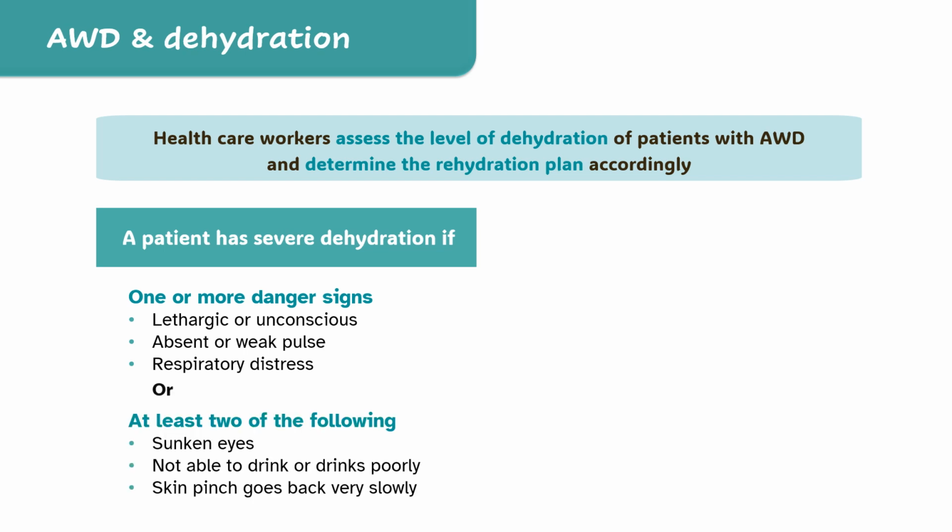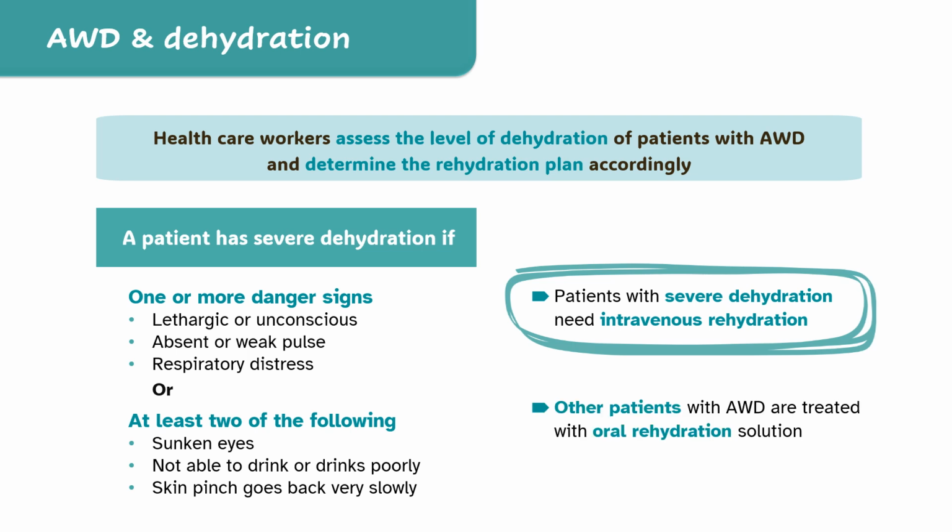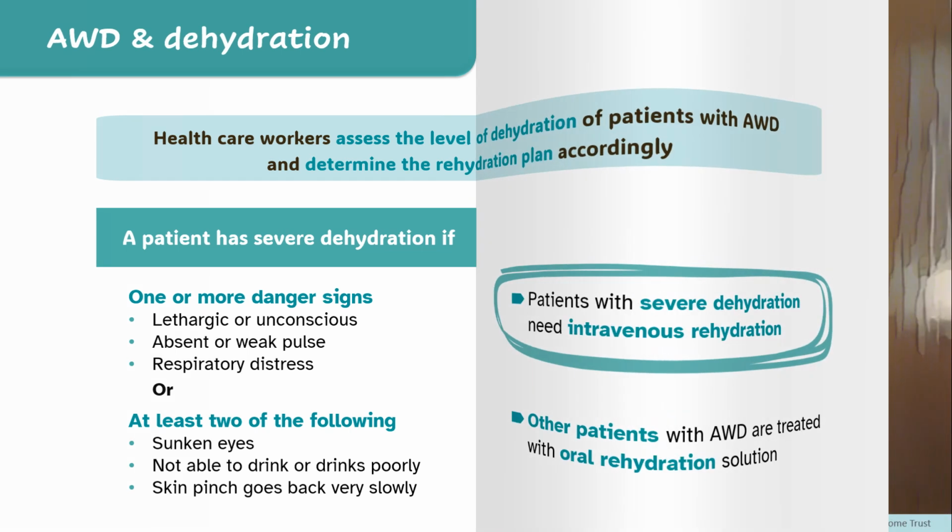If no danger sign is present, a patient has severe dehydration if at least 2 of the following signs are present: having sunken eyes, or not being able to drink or drinking poorly, or having a skin pinch, which goes back very slowly. Patients who have severe dehydration need intravenous rehydration. Other patients are usually treated with oral rehydration.